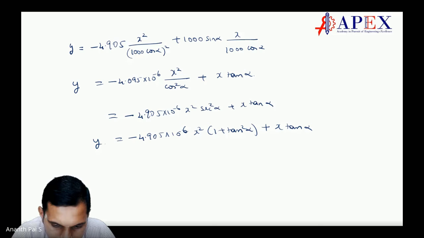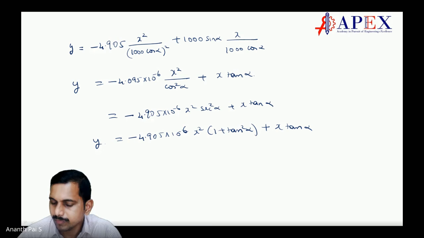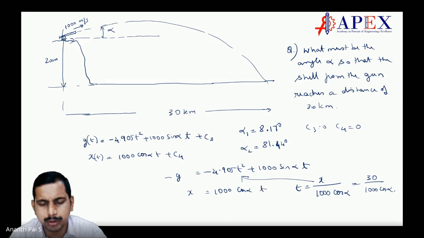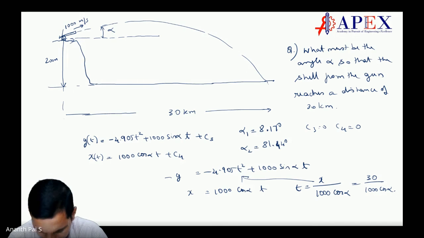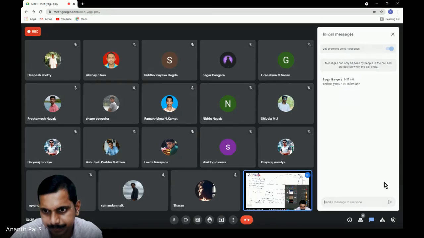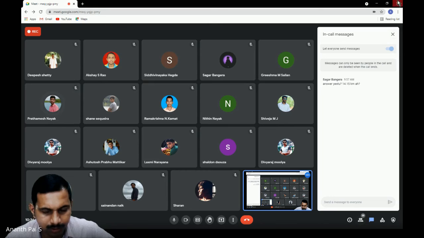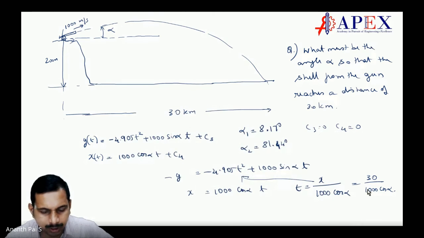What is the answer, sir? Minus 8.17 and I got 81.4. 8.16. Got the answer? Put it on the chat box if this is not proper. Yes, sir. Got it? Very good. Grishma got it?